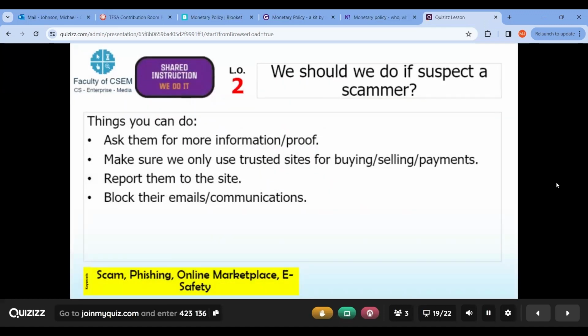Make sure we only use trusted sites for buying, selling and payments. Report them to the site, and block their emails and communications.